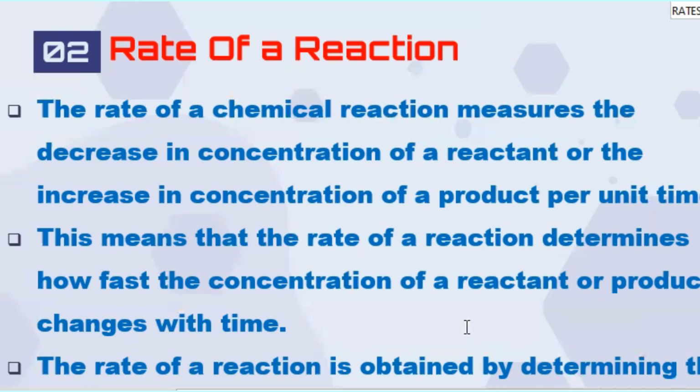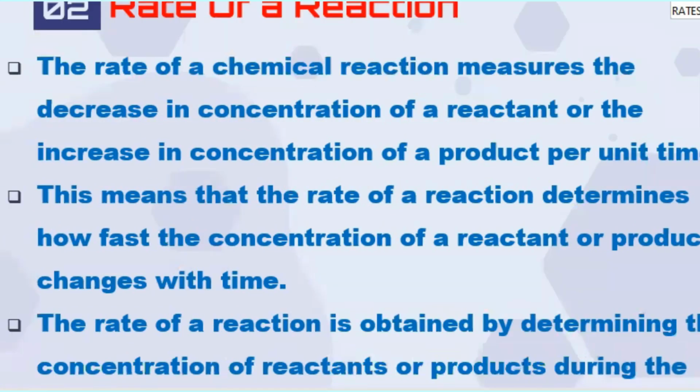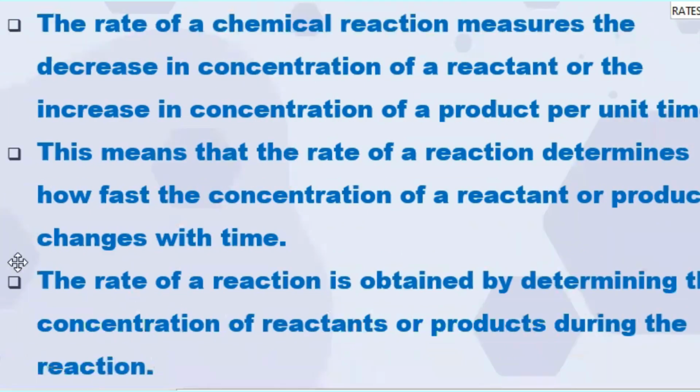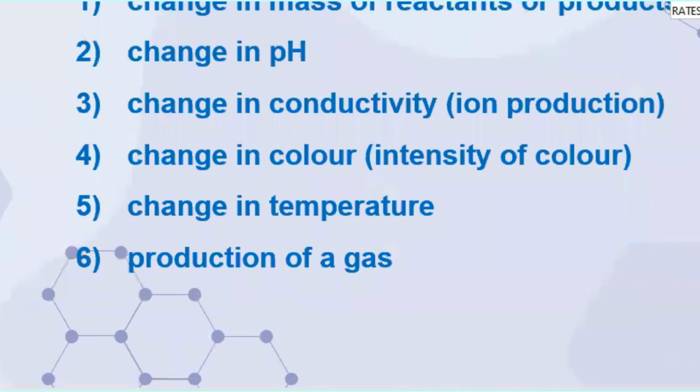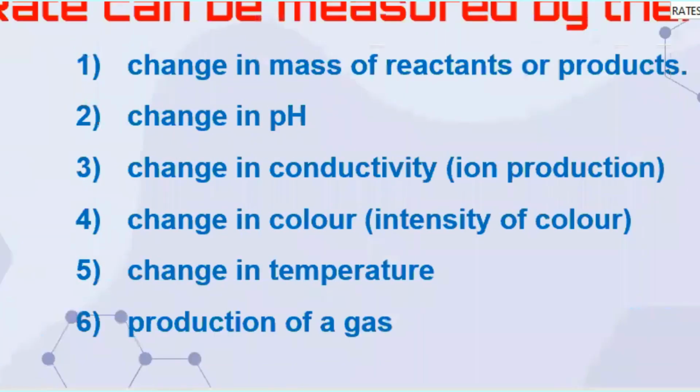The rate of reaction is obtained by determining the concentration of reactants or products during a reaction. Rate can be measured by the change in mass of the reactants or products, the change in pH, change in conductivity or ion production, the change in color or intensity of color, change in temperature, and production of a gas.